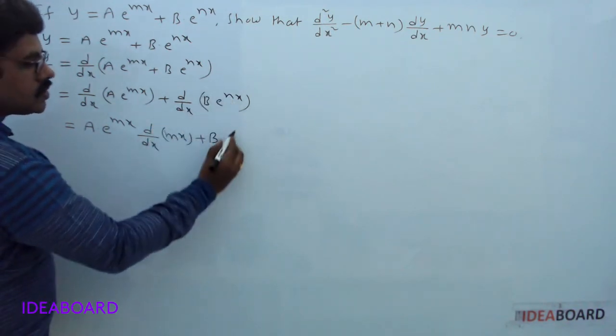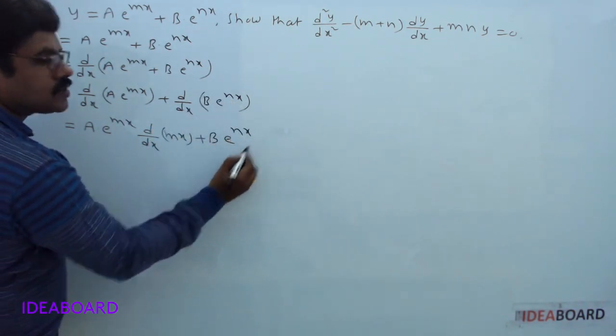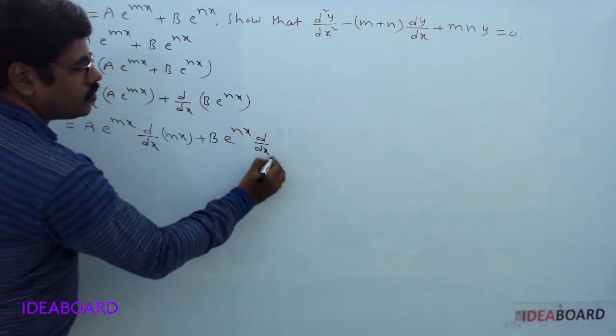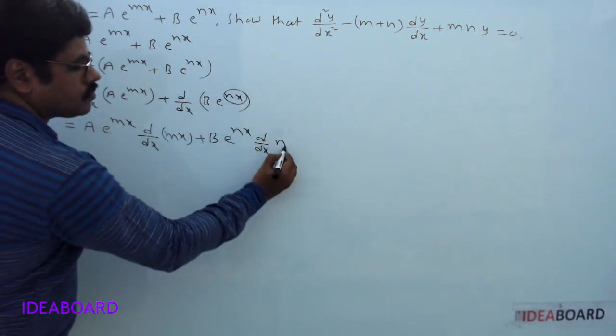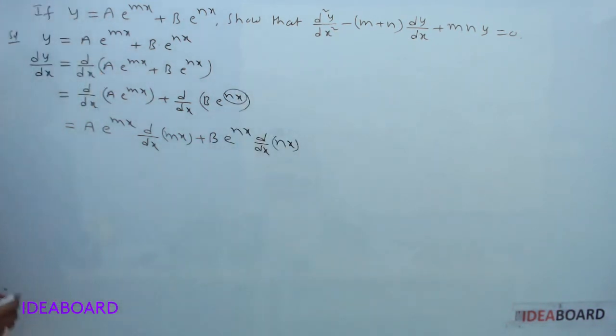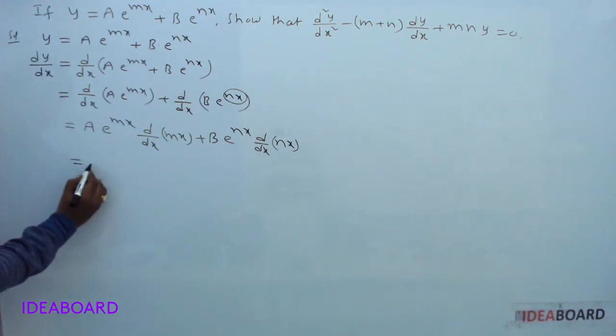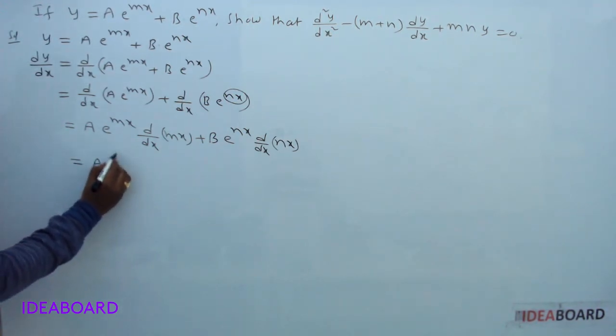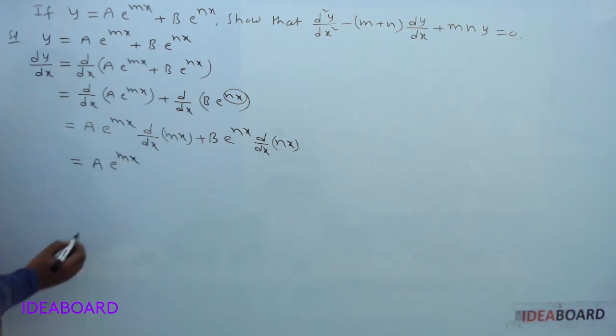Derivative of e power nx is e power nx into derivative of this nx. Now see the simplification is equal to a into e power mx.